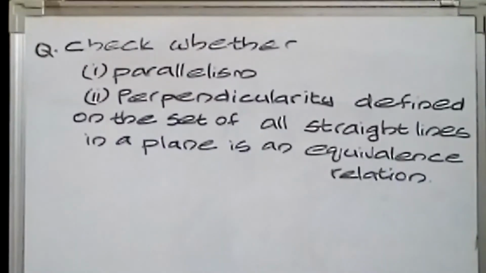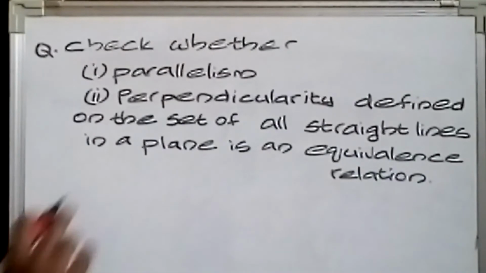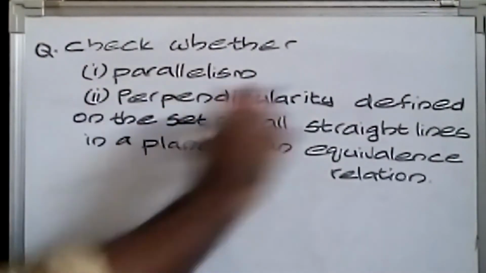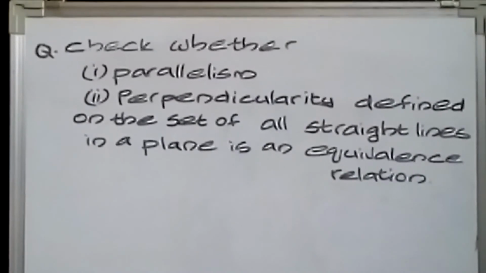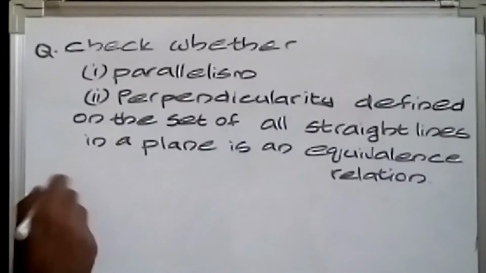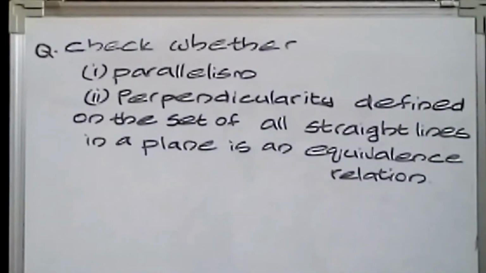We are going to check whether parallelism or perpendicularity defined on the set of all straight lines in a plane is an equivalence relation. Let us say that on this plane there are many straight lines.